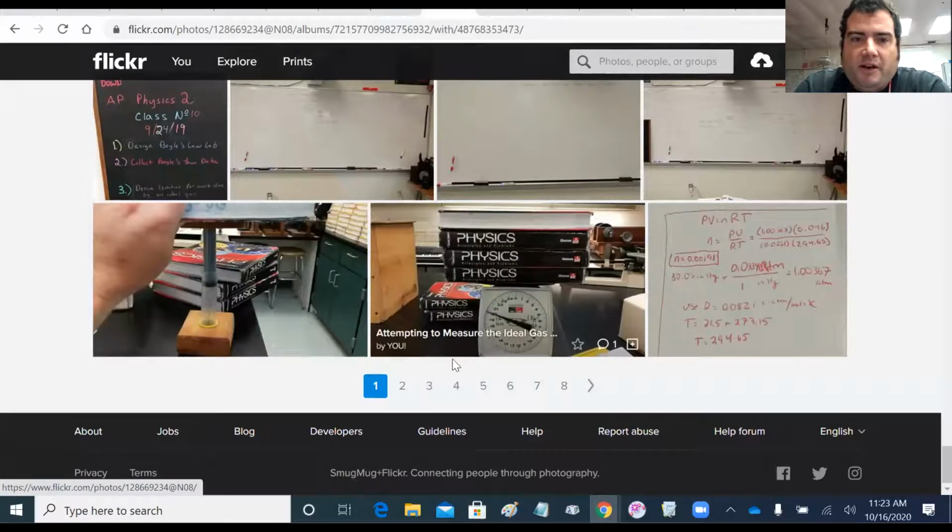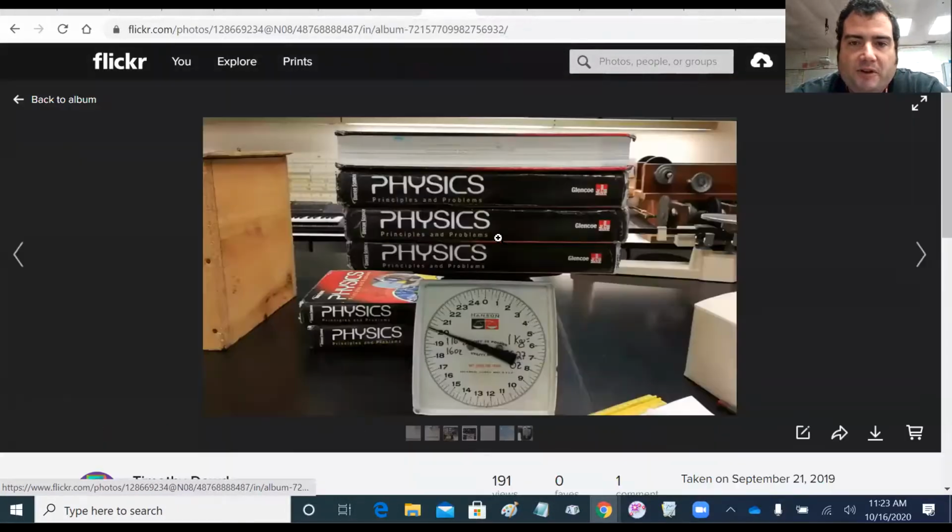Measuring pressure requires two different sources of pressure to think about. We're going to put pressure on the syringe by putting more textbooks up there, and we can do that by figuring out what the weight of a textbook is. So that's one source of pressure.